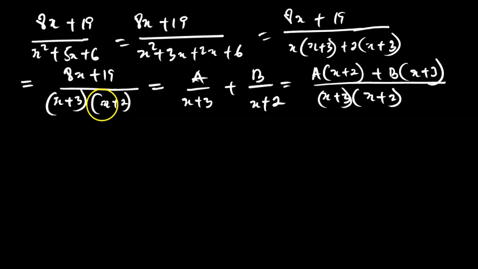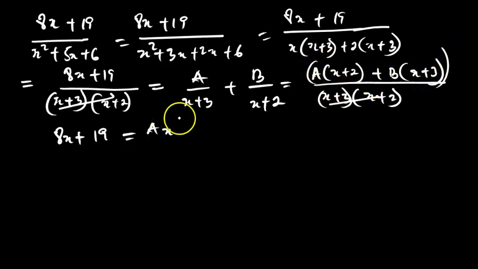By the time I cross multiply, this will definitely cancel this. So my final expression should be 8x plus 19 equals Ax plus 2A plus Bx plus 3B, after expanding the whole of this.